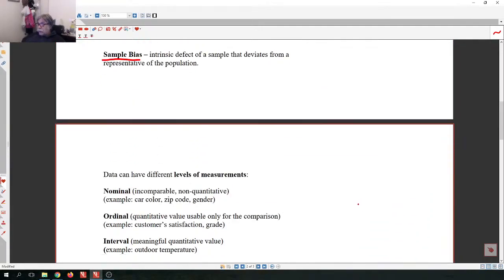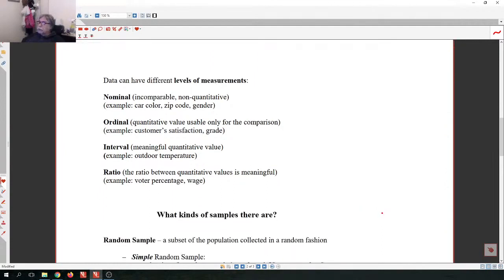Okay, when data is collected, the data might have different levels of measurement. Some of the data is only of a nominal level of measurement, meaning it has only nominal value. For example, color, gender, zip code. Zip code actually comes as a numerical value, but it doesn't really have any numerical meaning.